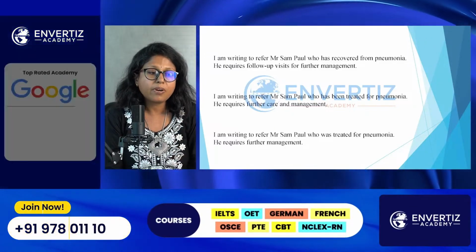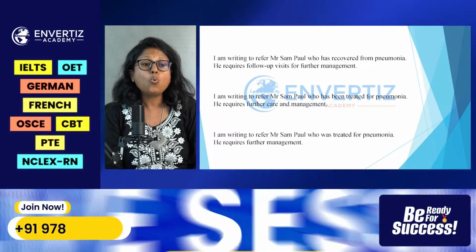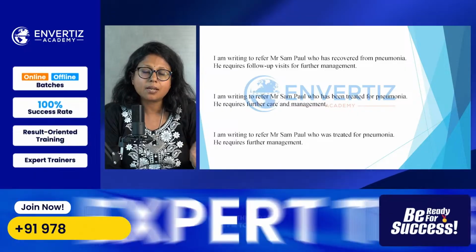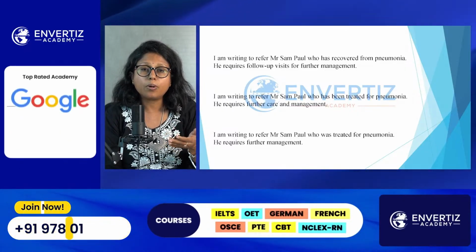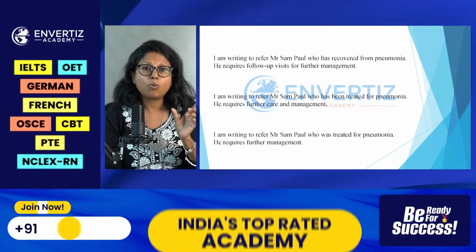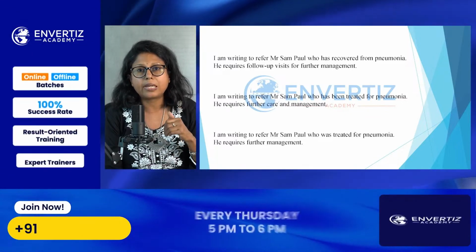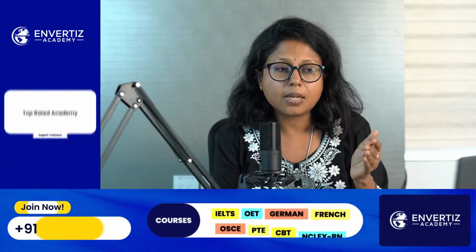The last way of writing it is: I'm writing to refer Mr. Sam Paul, who was treated for pneumonia. So he's already been treated. That's done with. He requires further management. Here we have not written about the follow-up visits. If there is a home visit, you have to specify he requires follow-up visits for further management. That would be the appropriate one. So now we have discussed three ways of writing it.